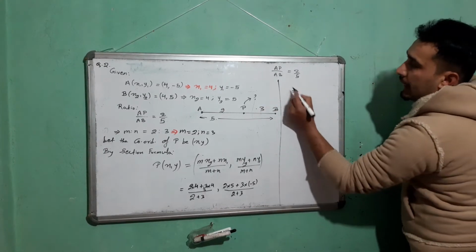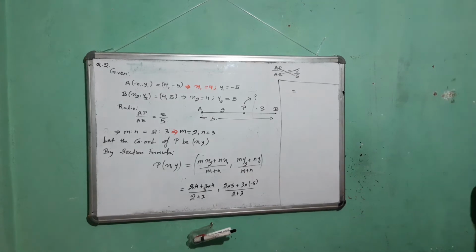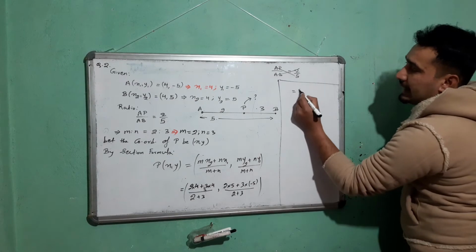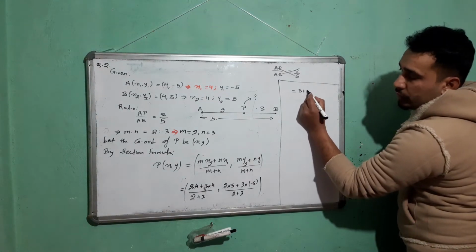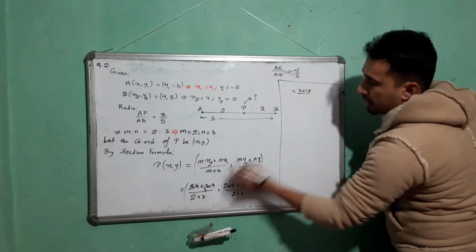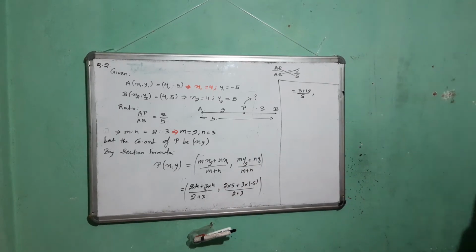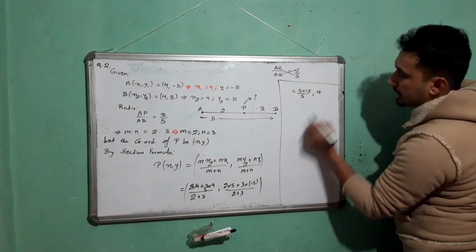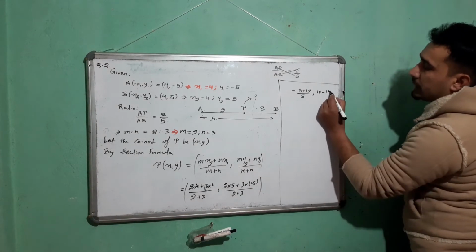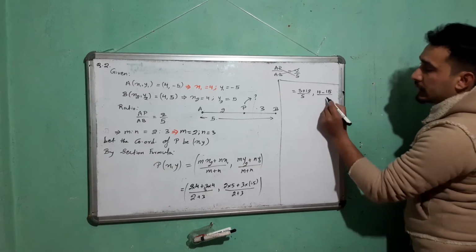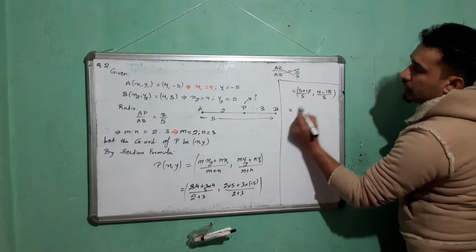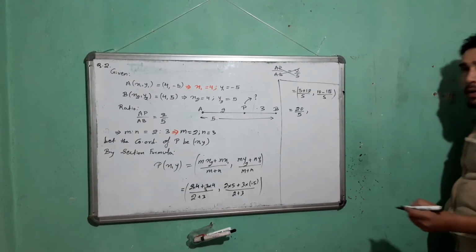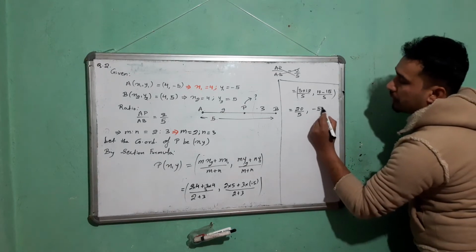So if you simplify that, 2 into 4 is 8 plus 3 into 4, 3 4s are 12, divided by 2 plus 3 is 5, comma, 2 into 5 is 10 plus 3 into minus 5, 3 5s are 15, divided by 2 plus 3 is 5. Okay, so 8 plus 12 is 20 divided by 5, comma, 10 minus 15 is minus 5 upon 5.